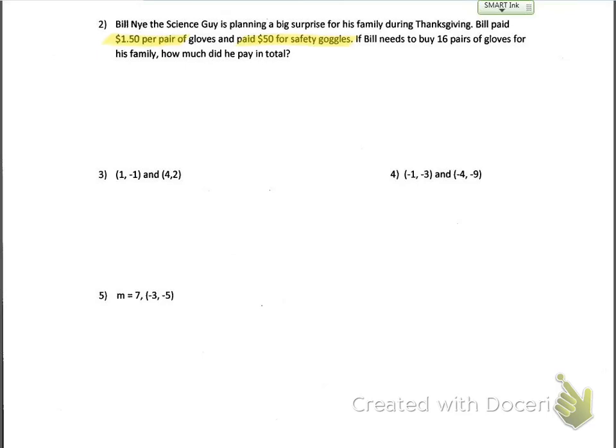So it feels like $1.50 per pair is m, and then $50 for goggles, meaning it's a one-time purchase. So it would be y equals 1.50x plus 50, because again, we don't know how many pairs of gloves he's going to buy, but we know that the safety goggles were 50, so we're just going to tack that onto the price.